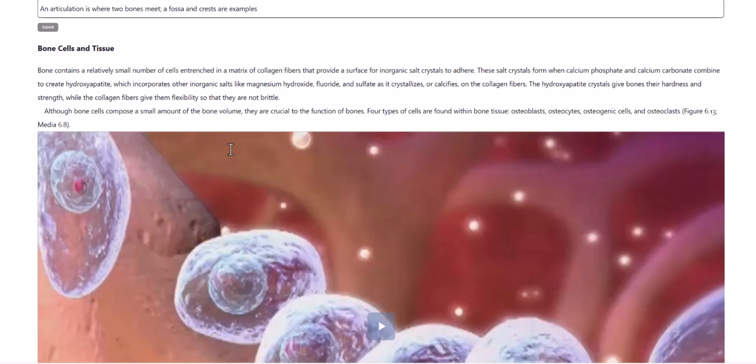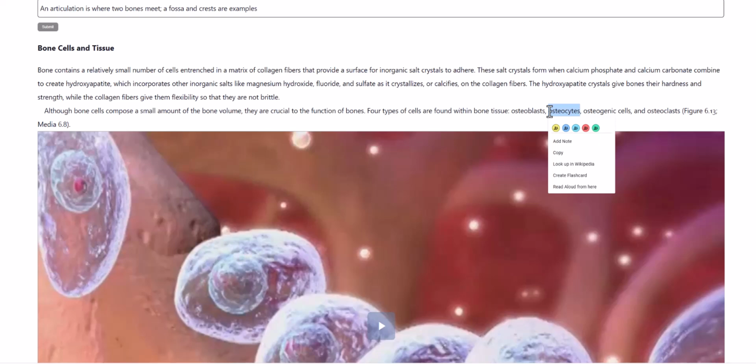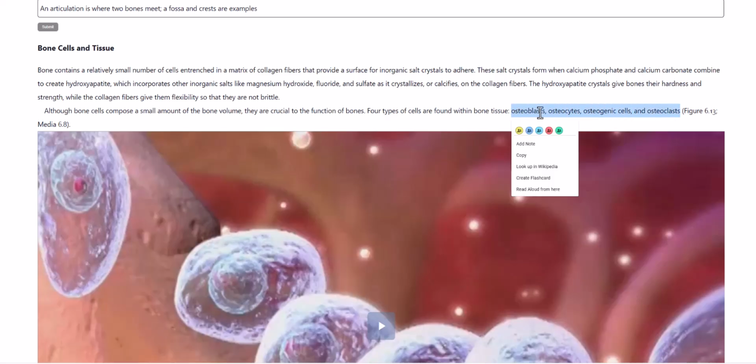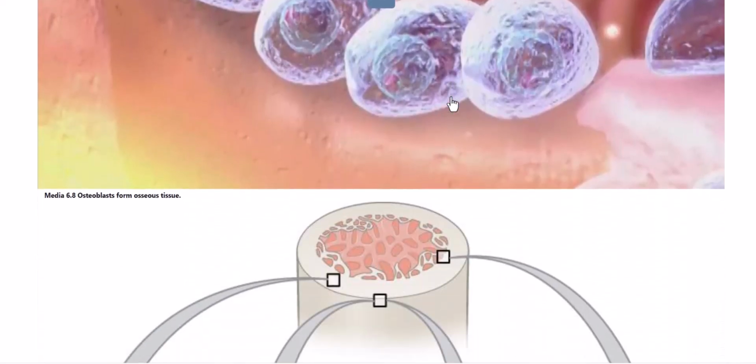And you know from our histology that the one cell type that you already are familiar with found in compact bone are the osteocytes. But we're going to see here in a moment that there's also osteoblasts, osteogenic cells, and osteoclasts. So let's take a look at all four of these cell types.